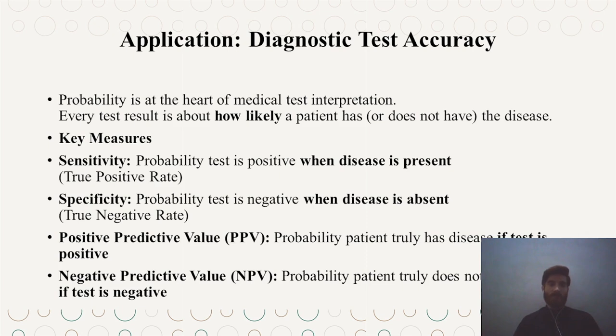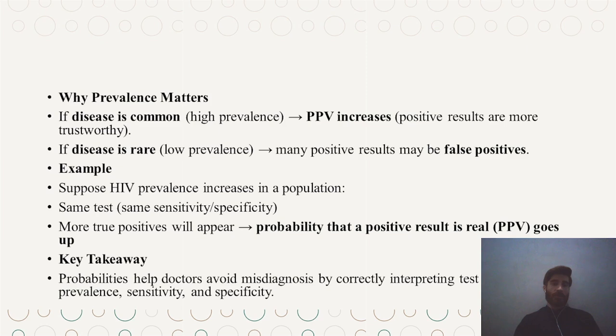Similarly, specificity tells us how many of the negatives are actually negative. Then there is the positive predictive value: the probability the patient truly has the disease if the test is positive. Similarly for negative predictive value.